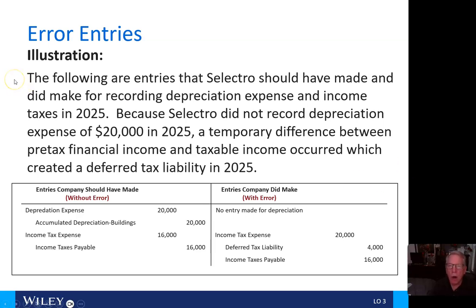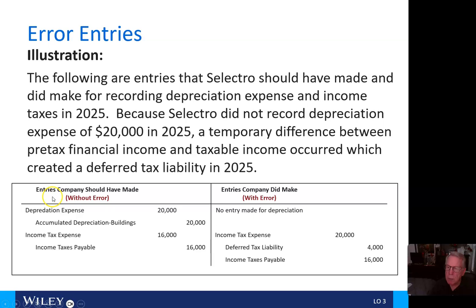All right, error entries. The following are entries that Selectro should have made and did make for recording depreciation expense and income taxes in 2025. Because Selectro did not record depreciation expense of $20,000 in 2025, a temporary difference between pre-tax financial income and taxable income occurred, which created a deferred tax liability in 2025.